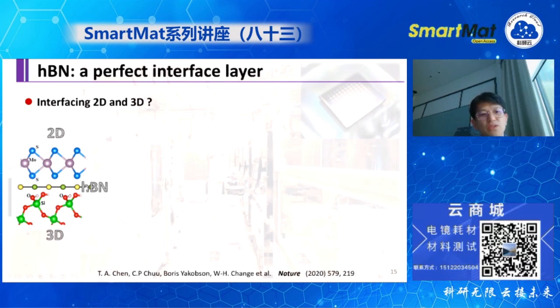Although hexagonal boron nitride is not really a high-K material, its thickness is quite thin. Therefore, the contribution of the hexagonal boron nitride to the equivalent oxide thickness (EOT) is not really that serious. So that serves as a temporary solution if we cannot find a better way to suppress the charge scattering.